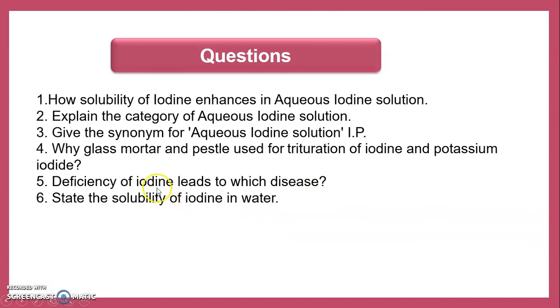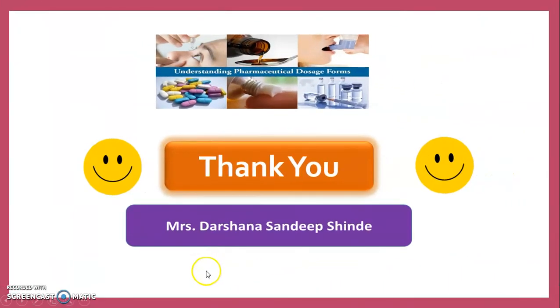That's why we get a smaller particle size, and that's why we use the glass mortar and pestle. Then, the deficiency of iodine leads to which disease? The deficiency of iodine leads to goiter, that is hypothyroidism. State the solubility of iodine in water. We know that iodine is insoluble in water. Thank you very much for attending this practical session.